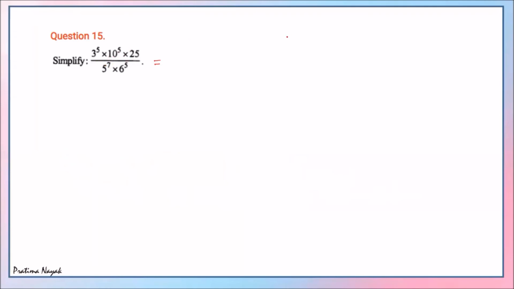Here we can apply a to the power m into b to the power m is equal to a into b to the power m. Now there is 6 to the power 5. I can write this as 3 to the power 5 into 2 to the power 5. Then only I can cancel with 3 to the power 5. This is the motto. Similarly, I can write 10 to the power 5 as 5 to the power 5 and 2 to the power 5, so that it can be simplified with the 5 power.